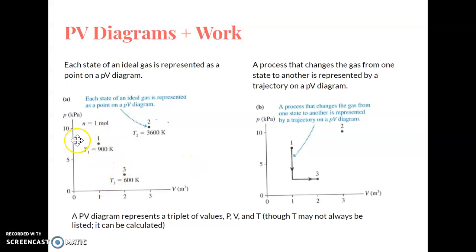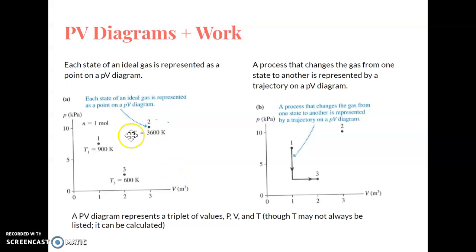We have state number 1 here, in which the temperature of the gas is 900 Kelvin, its volume is 1 meter cubed, and its pressure is about 7.5 kilopascals. Whereas at some other moment in time, state 2, it's at a temperature of 3600 Kelvin, a volume of 3 meters cubed, and a pressure of 10 kilopascals, and similarly for state 3.